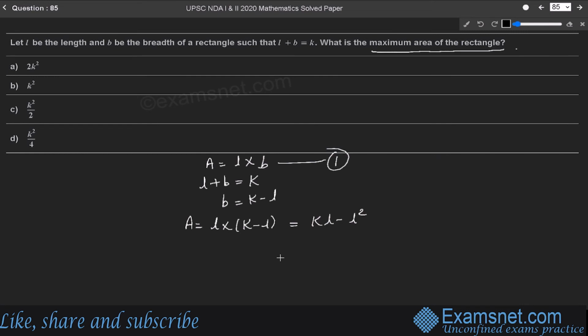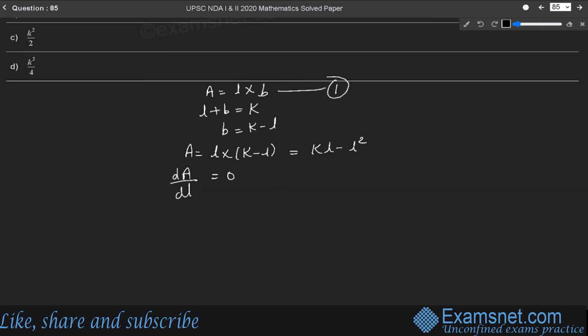Now talking about the maximum area, because in the question we have to find the maximum area. So for maximum area, dA upon dL is equal to 0. Now putting the value of A here, it will be d by dL of KL minus L square is equal to 0. Further solving, it will be K minus 2L is equal to 0 and L will be equal to K by 2.